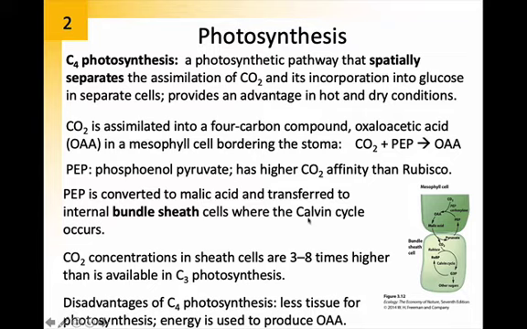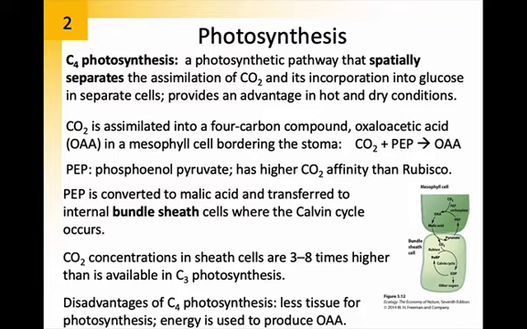So in C4 photosynthesis, we separate the light reactions and the dark reactions in different cells. This gives you an advantage in hot and dry conditions because you don't ever build up high amounts of oxygen in the cell in which you're doing photosynthesis.